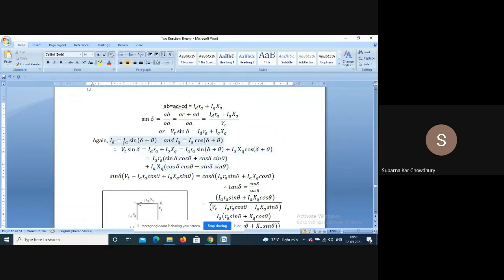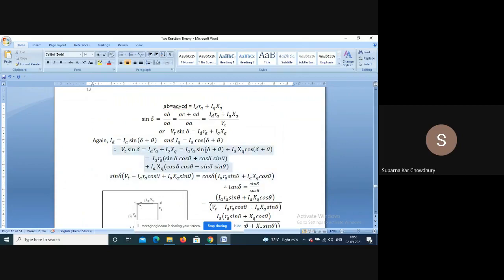Now Id is equal to Ia sin delta plus theta, Iq is equal to Ia cos delta plus theta. So Vt sin delta is equal to IdRa plus IqXq. Putting the values, this is Ia Ra sin of delta plus theta, and this is Ia Xq cos of delta plus theta.